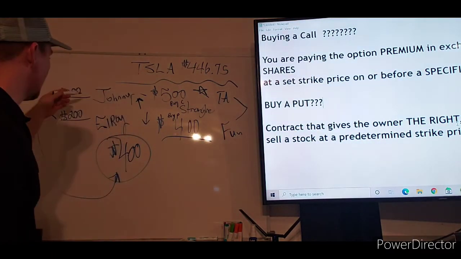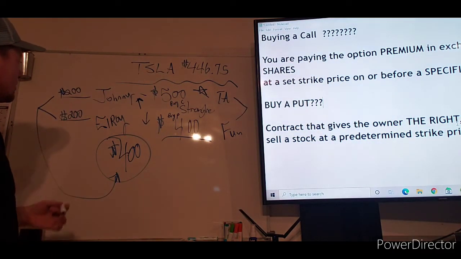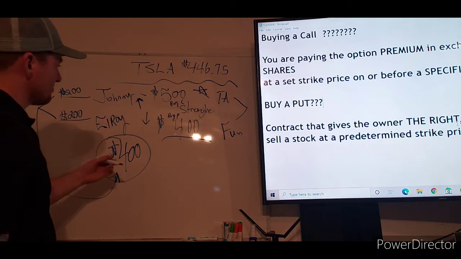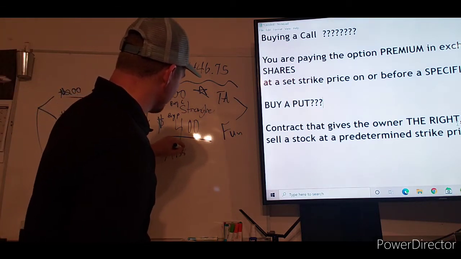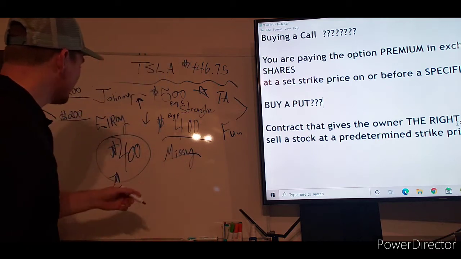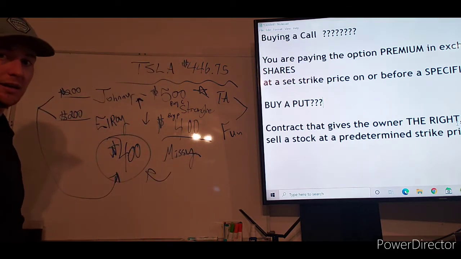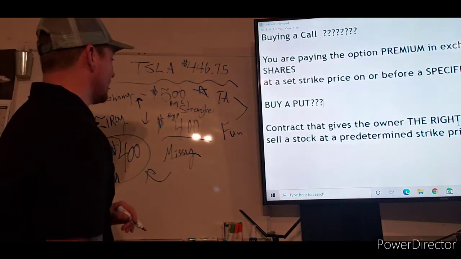So here, Johnny's buying a call, but Elroy's buying a put. But you know what? Let's use some different names here. We'll say somebody named Missy. We'll say Missy wants this strangle. So Missy's going to buy the strangle for 400 bucks.